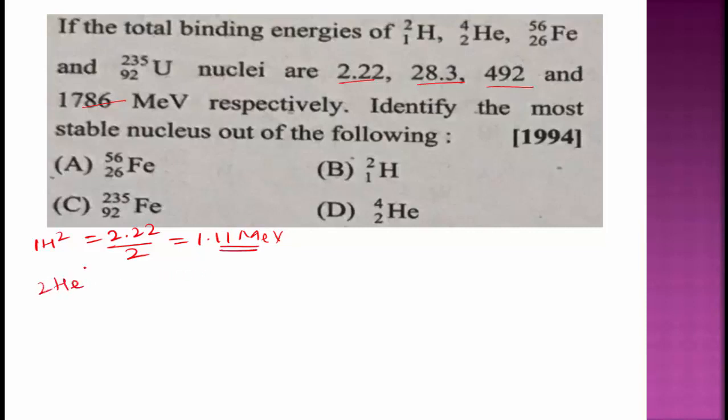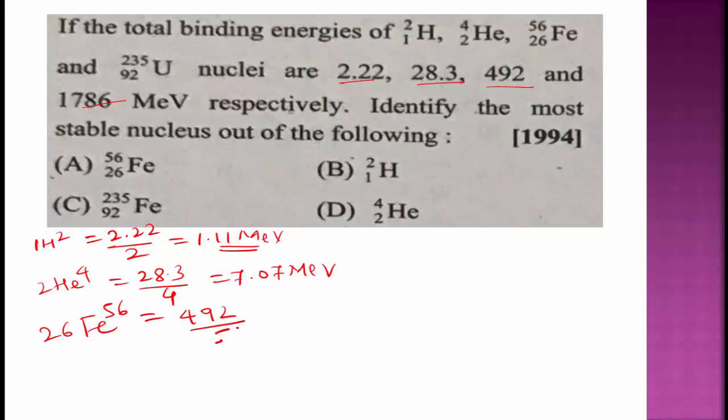And for helium, 2He4, the given value is 28.3 divided by 4, we get 7.07 mega electron volt. For iron, 26Fe56, it is 492 divided by 56, we get 8.78 mega electron volt.